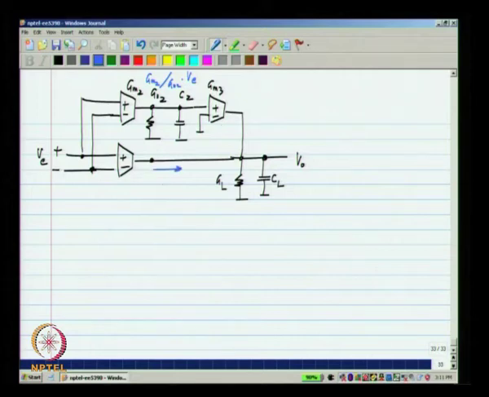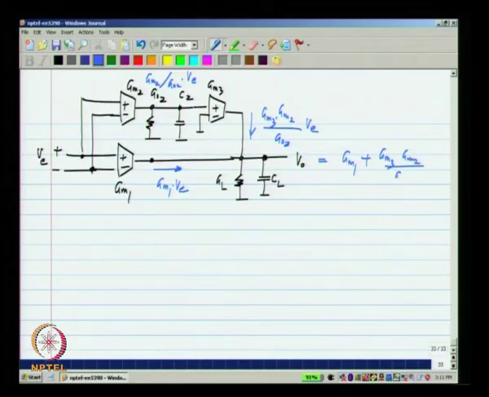The current that flows here will be GM1 times VE, and the current that flows here is GM3 times GM2 by GO2 times VE. So, the output voltage at DC will be nothing but GM1 plus GM3 GM2 by GO2, the whole thing divided by GL.